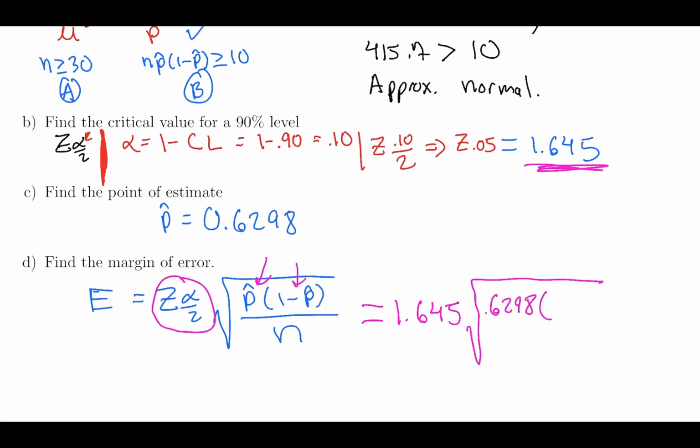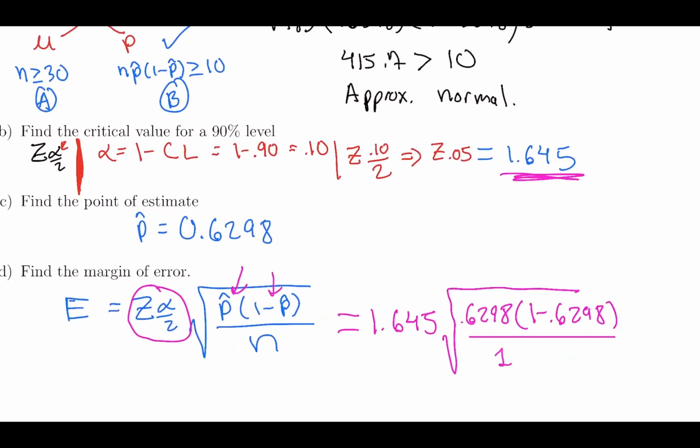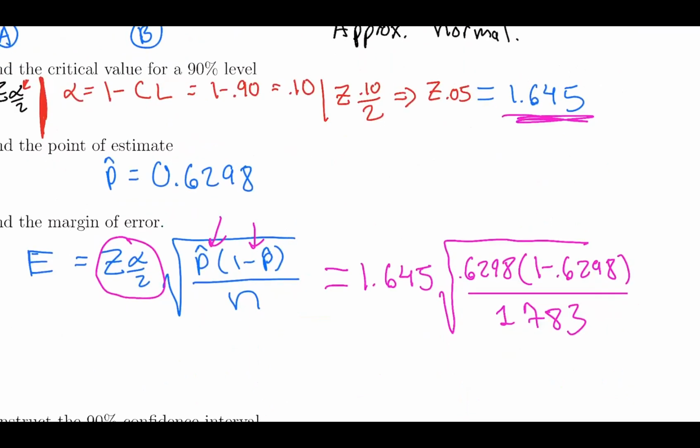Now we're gonna do 1 minus p hat, so you do 1 minus 0.6298. We divide this by n, which n was, what was n? 1,783. And that's your inputs. Any question on how I substituted the Z value, the p hat, or the n value?